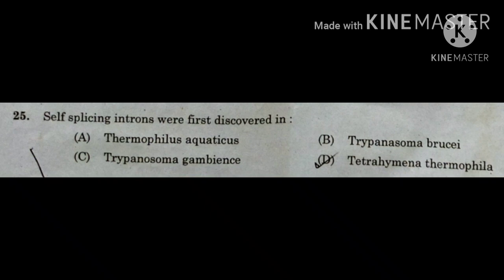Why is it called heterogeneous? Because it is made up of two units, coding sequence namely exons and non-coding sequence namely introns. Why is it called nuclear RNA? Because that RNA is produced within the nucleus. That primary transcript is known as heterogeneous nuclear RNA, abbreviated as hnRNA.